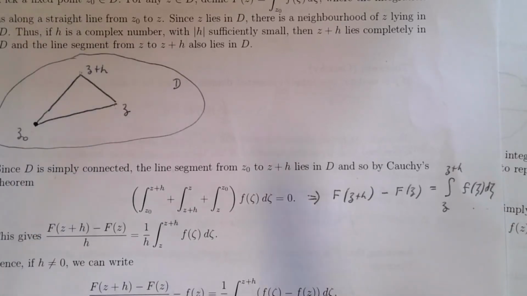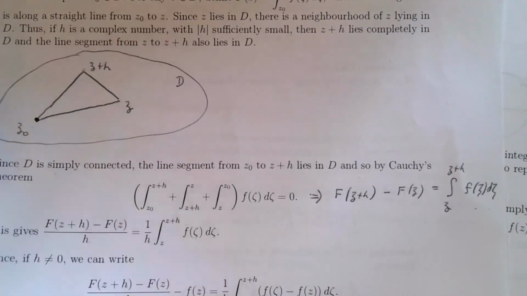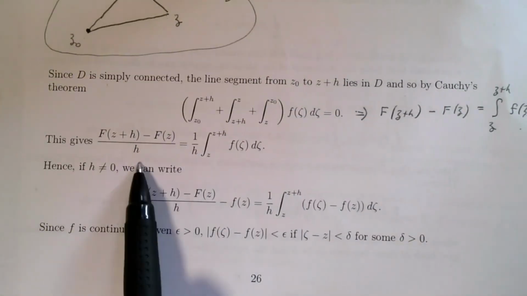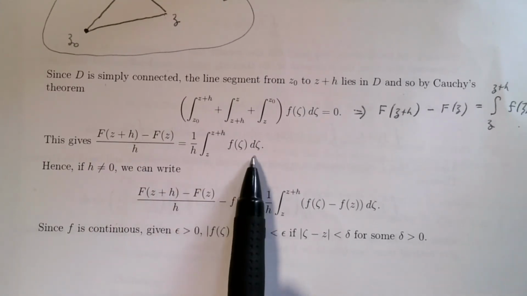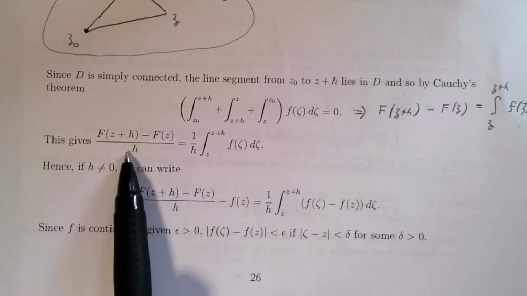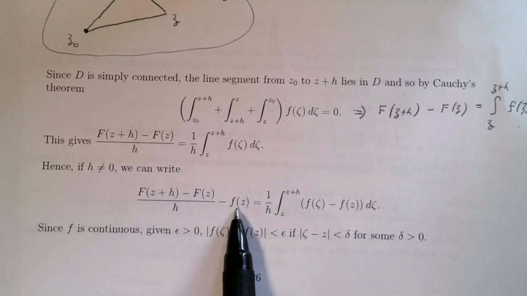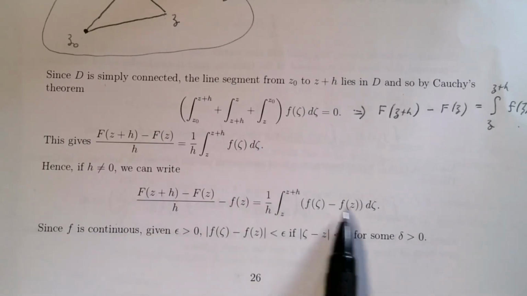This is looking like a difference quotient, so I'm going to divide both sides by this h that I defined above. This difference quotient is just 1 over h times this integral. I'm assuming here h is not 0, so I can subtract f of z from both sides of the equation, and I can take the minus f of z inside the integral because it's just a constant.